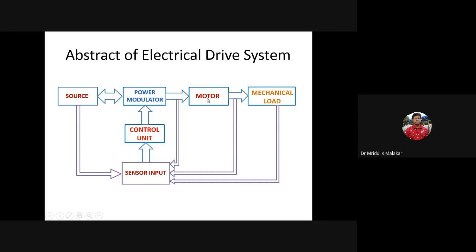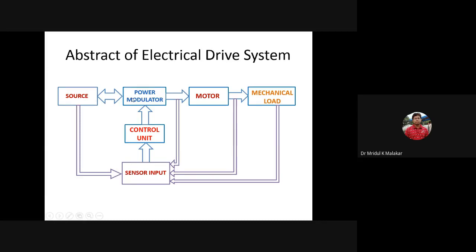If it is an induction motor, three-phase motor, you have to give the three-phase inverter. If it is something different like a BLDC motor, you have to apply a three-phase inverter or a single-phase inverter. If it is single-phase BLDC, then you have to give a single-phase inverter. The source may be a battery or direct line drive source, or lithium-ion battery, lead acid battery, whatever source you have given, it is a power supply.